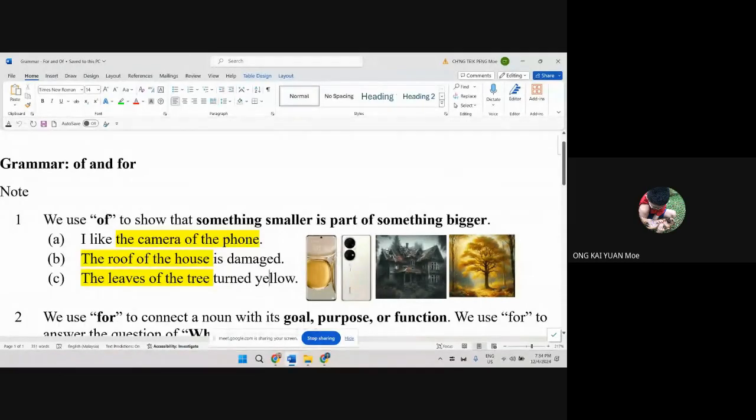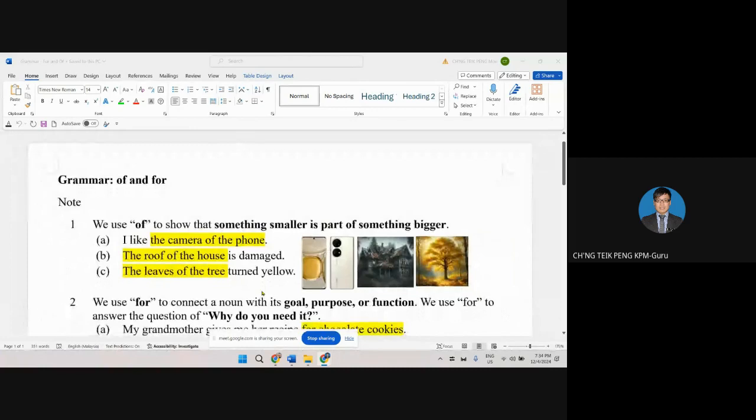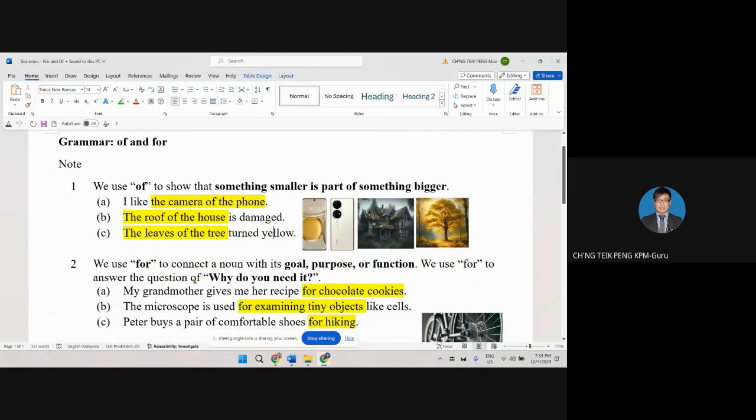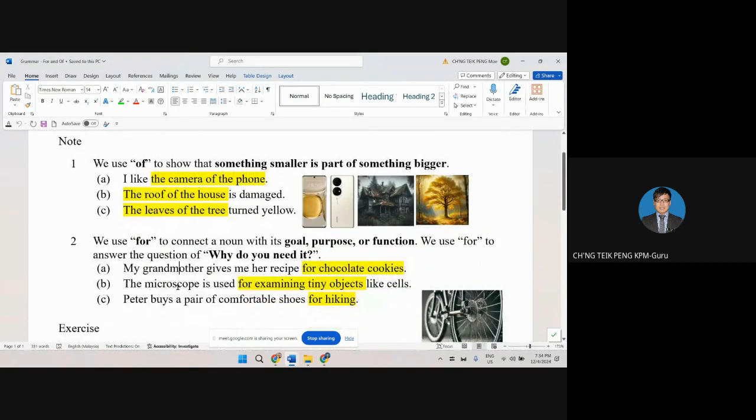It depends. Not all trees can turn yellow, only some trees. The tree is probably dehydrated. Okay, probably. So, any problem regarding point number 1 here? Nope. It's quite simple, isn't it?